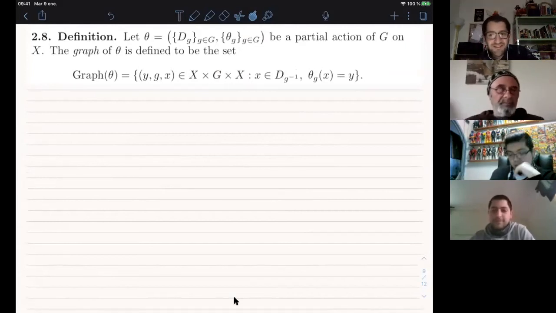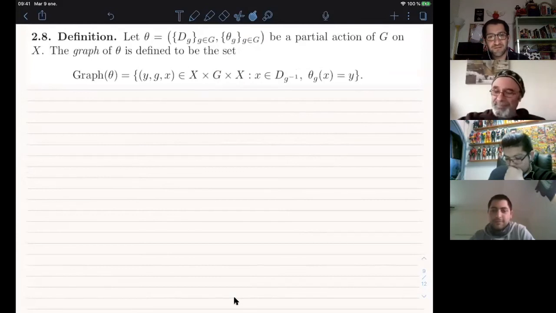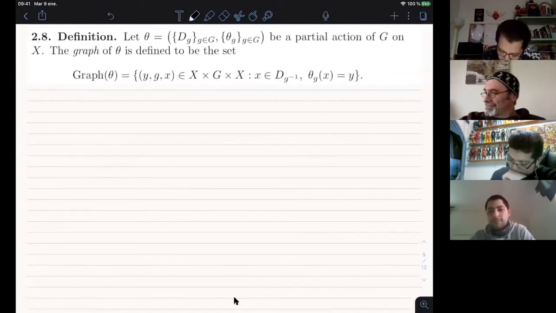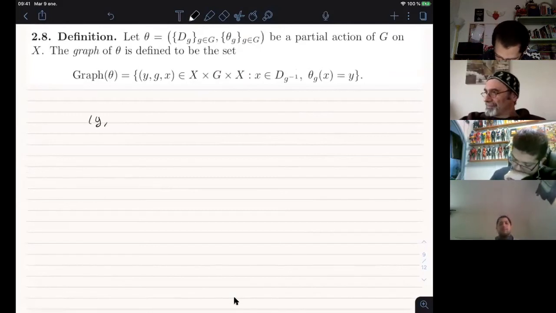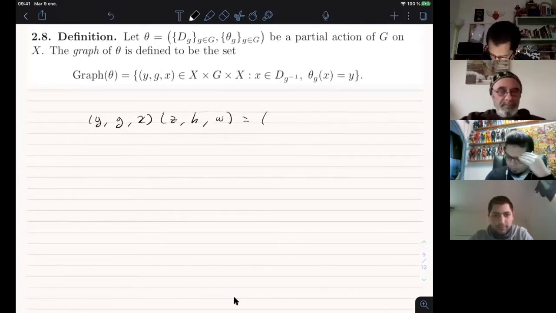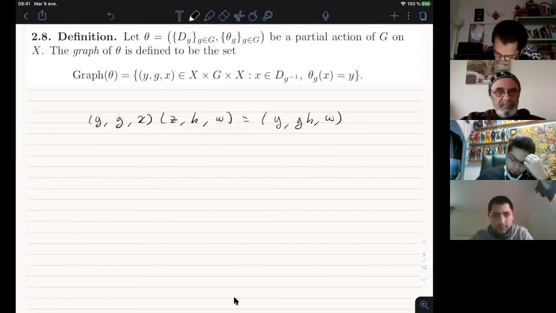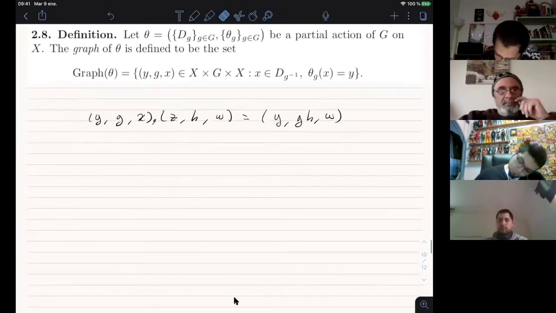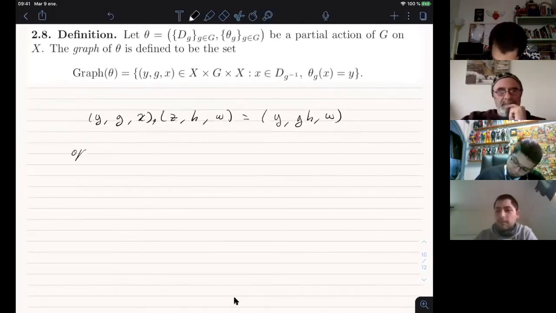And this is a very common groupoid that we can build, where we can only multiply two elements like this, H and W. This is going to be equal to Y, GH, and W, and this is going to be composable.